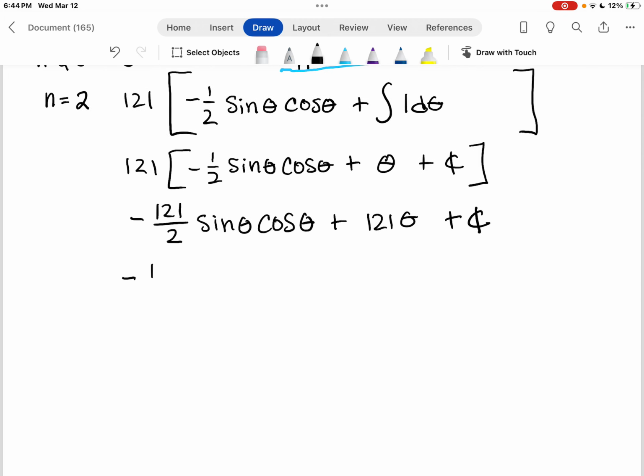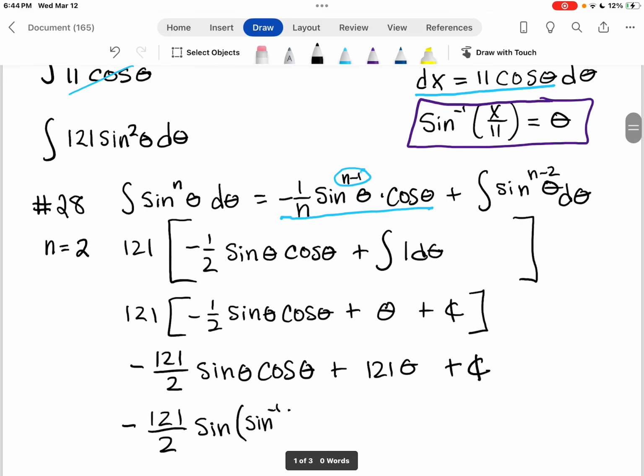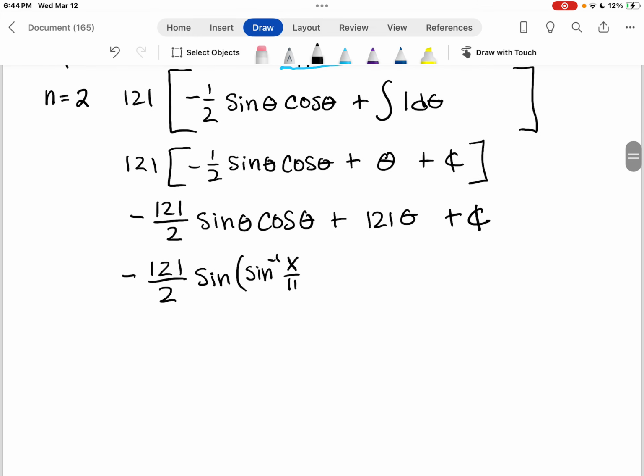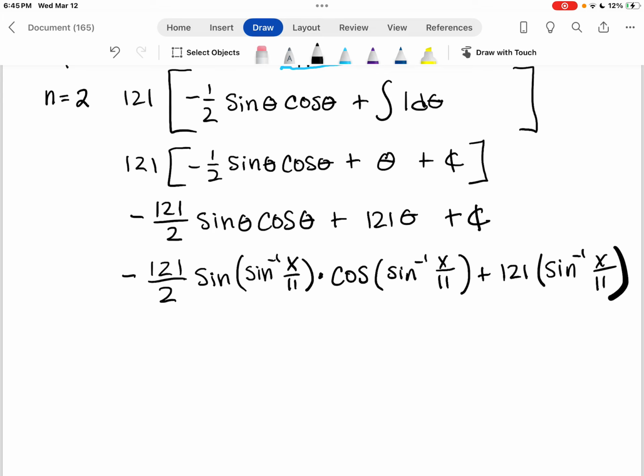So we have negative 121 over 2 sine, and then inside for the theta, I'm going to have inverse sine of, what was it, x over 11? Yeah, x over 11. And then times cosine of inverse sine of x over 11, plus 121 inverse sine of x over 11.